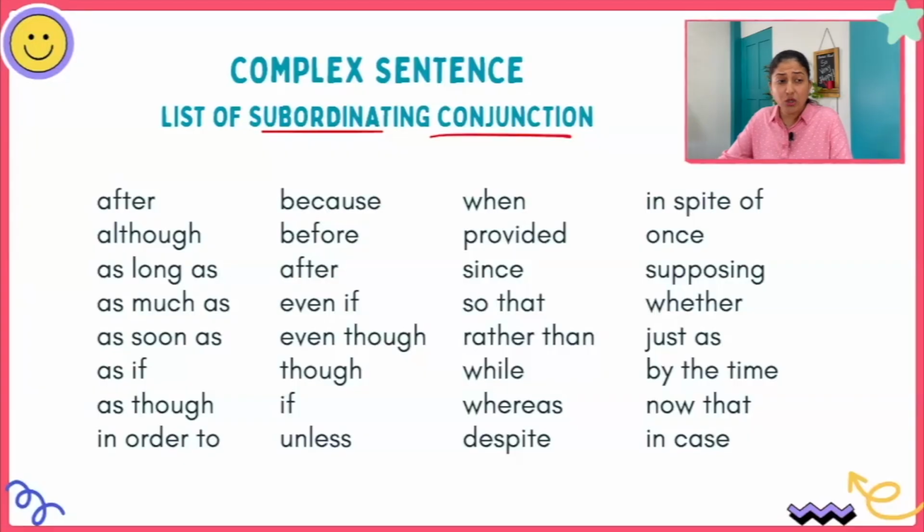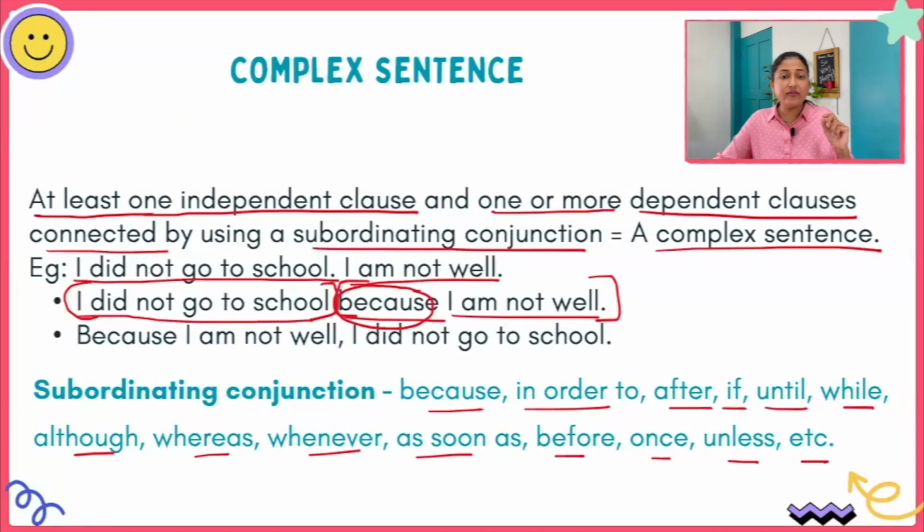Now, before we move on to understanding the examples of a complex sentence, let us understand one very important concept about a complex sentence. In fact, over here we are going to compare a compound sentence and a complex sentence. Now, look at this. In case of a complex sentence, again, let's take the example of these two clauses.